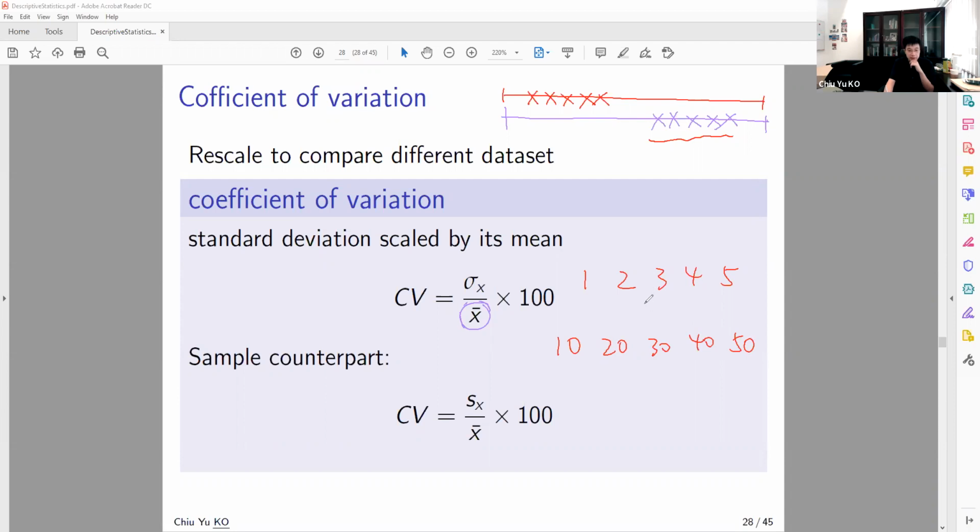Obviously when you calculate the variance and standard deviation, this one will be larger. But you would think this is just a scaling by 10, so you really want to say it shouldn't be affected by this. That's why, if you calculate the CV, they should be the same.